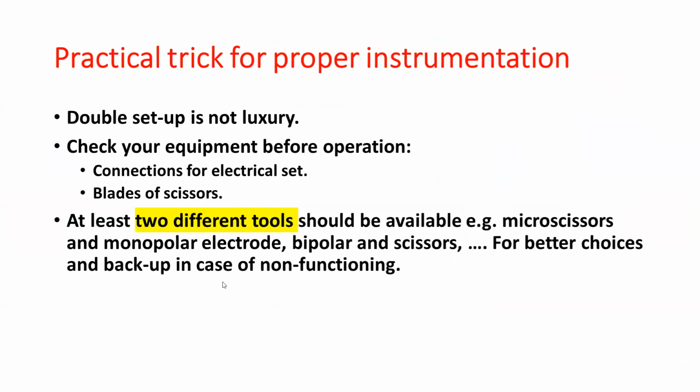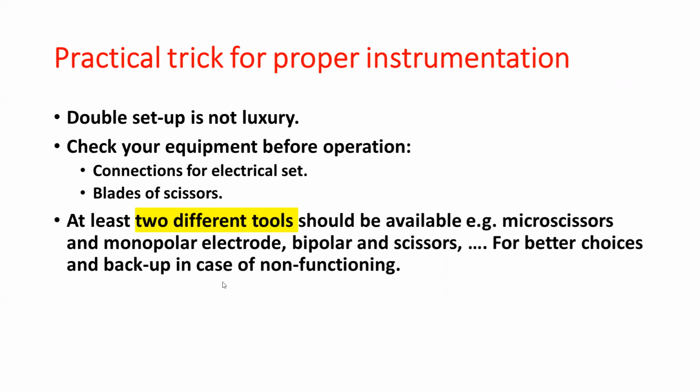But importantly, you should have more than one set to cut the septum, simply because if you are using the scope, for example, and the patient is under anesthesia and the equipment has been broken, the loop is cut, the knife is not working, the connections are not good. So you should have double setup, and this is not luxury. Moreover, you should have more than one tool.